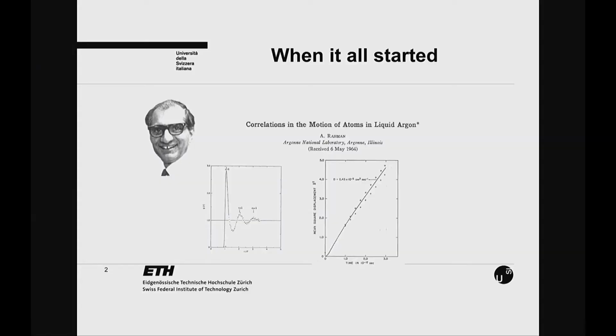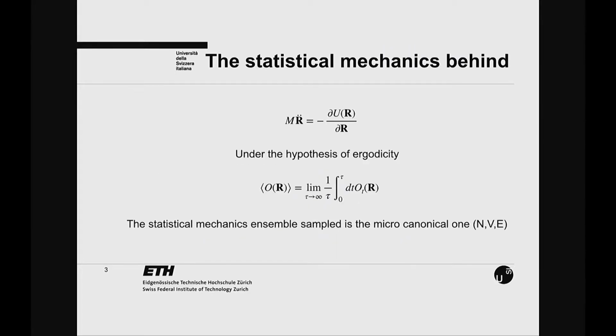It was the first simulation of a realistic system. In this case, it was argon liquid. And there's a structure factor, diffusion coefficients, and immediately in the eye of Anis, there was this idea of making contact with experiment.